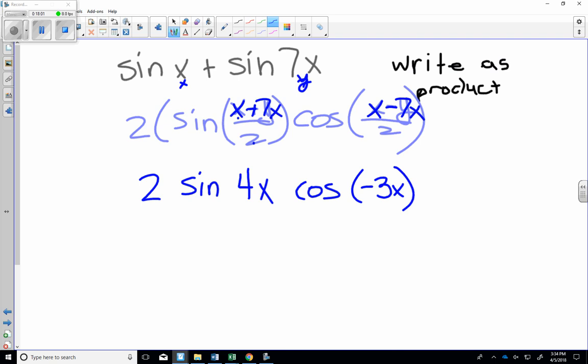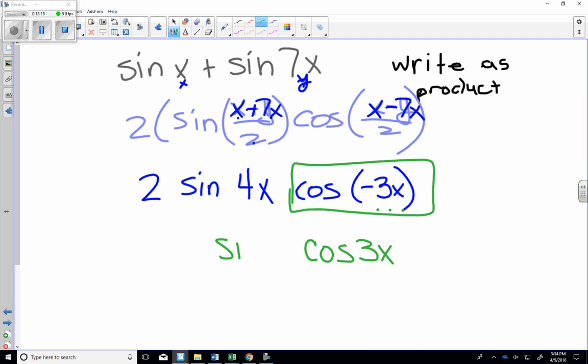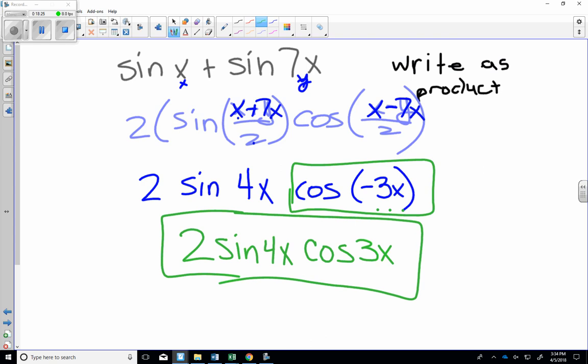Now this one here has some more that we can do with it, because of our even-odd identities, cosine of a negative angle is equal to cosine of the angle, so this can just be turned into cosine 3x. And then sine of 4x and 2. And here then is our product. And that is everything dealing with section 5.